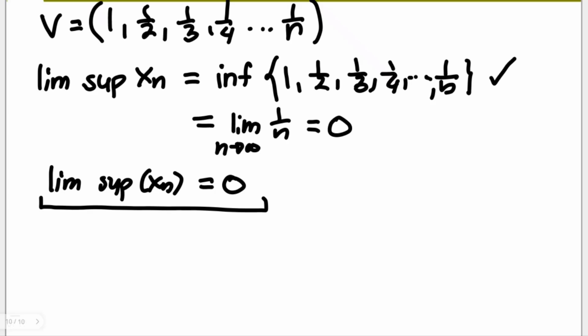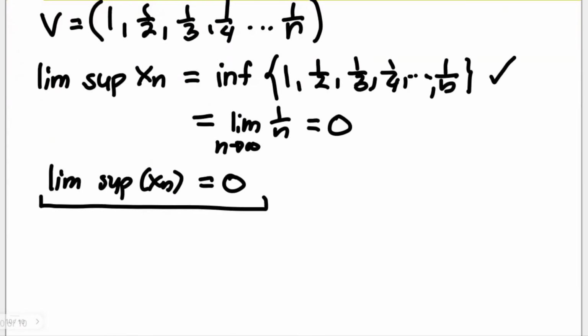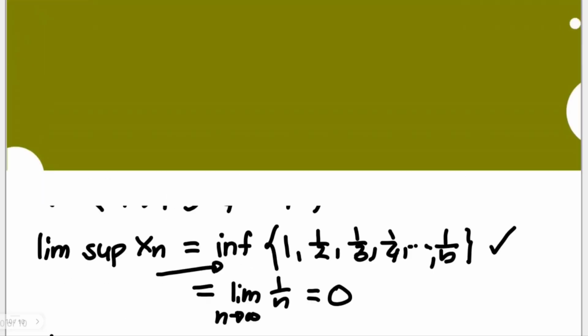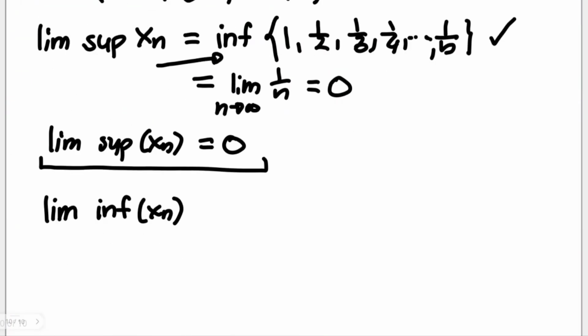Now, after the limit superior, which is the infimum of set V, we can also identify the limit inferior of x sub n. The limit inferior of x sub n is the supremum of all situations like this. So we are going to come up with the infimum of all.